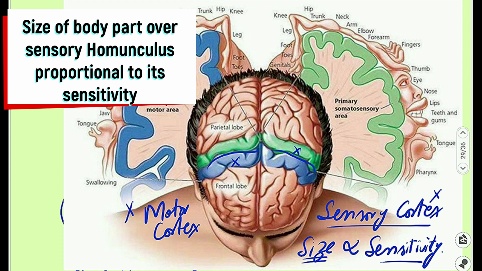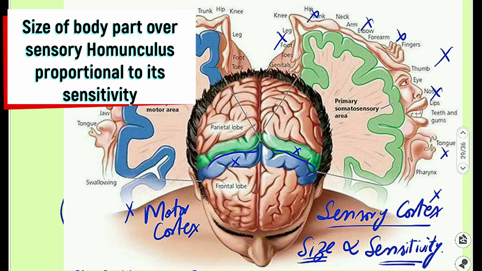If the body area is less sensitive, then it will have a smaller area over the sensory cortex. You can see here the body parts are shown. The sequence of body parts is also not like they are present in the body. We have the leg here, then the trunk, then the arm and hand, then the face, and then the tongue here.